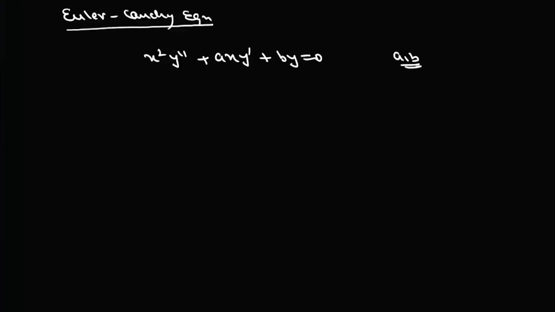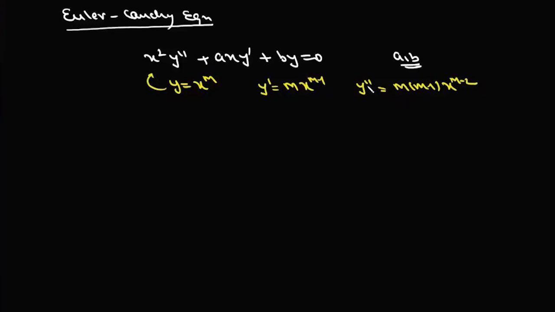Now what we do is, in such equations, we set y as x to the power m. Now y dash will be mx to the power m minus 1, and y double dash will be m minus 1 times m x to the power m minus 2. Now we'll substitute these three values in the equation.